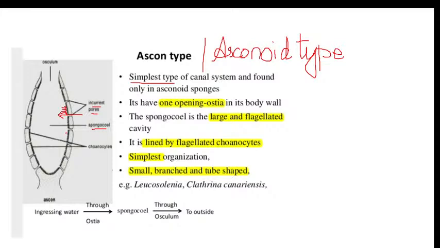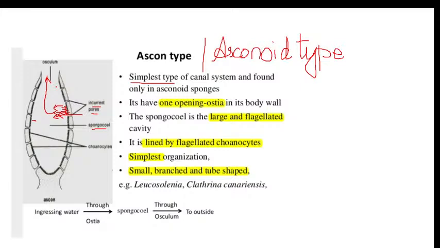The food vacuoles in the coinocytes will digest the food particles and the remaining water will be sent back to the spongiocele. അങ്ങനെ സ്പോഞ്ചോസീലിനകത്ത് ആദ്യം വെള്ളം വരുന്നു. ആ വെള്ളത്തിലുള്ള ഫുഡ് പാർട്ടിക്കിൾസിനെ എല്ലാം ഫിൽട്ടർ ചെയ്ത് കോയിനോസൈറ്റ്സിനകത്ത് കയറും. ഫുഡ് പാർട്ടിക്കിൾസ് ഡൈജസ്റ്റ് ചെയ്യുന്നു. വേസ്റ്റ് പാർട്ടിക്കിൾസ് are sent back into the spongiocele, and this water is moving out through the osculum.